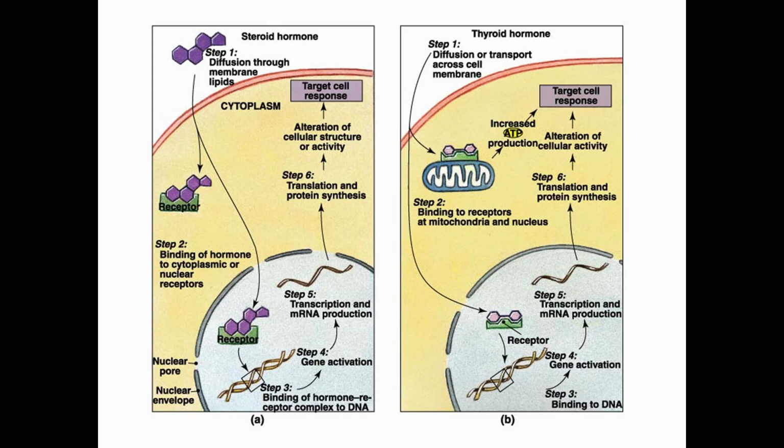After acting on the DNA, the gene gets activated, transcription and mRNA synthesis happen, translation and protein synthesis happen, and alteration of the cellular activity is shown. When the thyroid hormone binds its receptor present on the mitochondrial membrane, it also increases the production of ATP, and the target cell shows the desired responses. That is what happens for the thyroid hormones. Thank you.